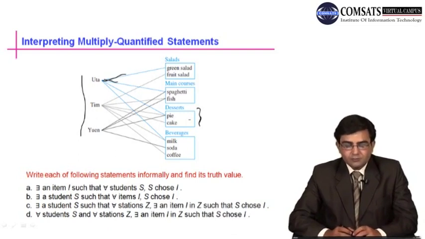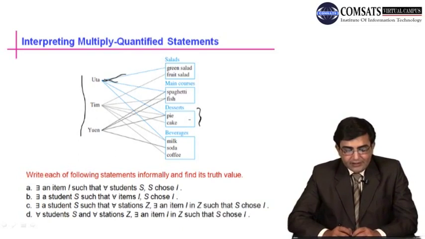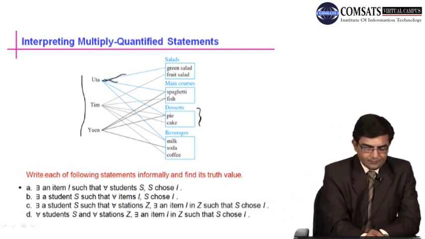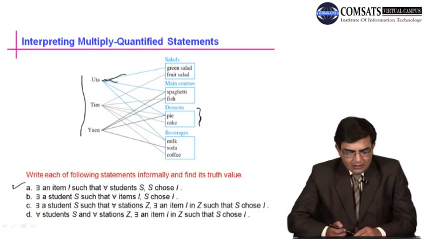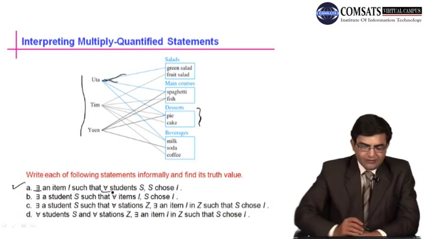Now we have to write each of the following statements informally and find its truth value. You can see that in these statements we have more than one quantifier. For example, in the first statement we have the existential quantifier and the universal quantifier.